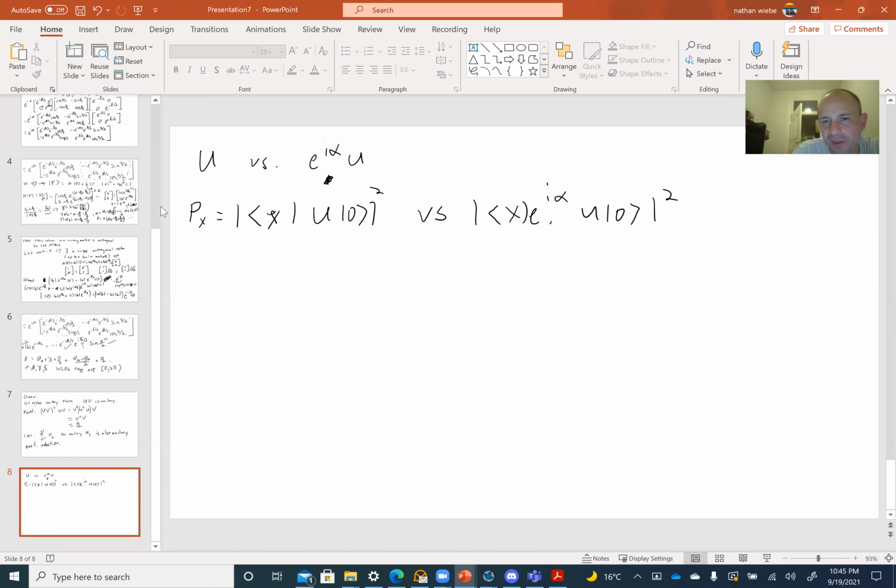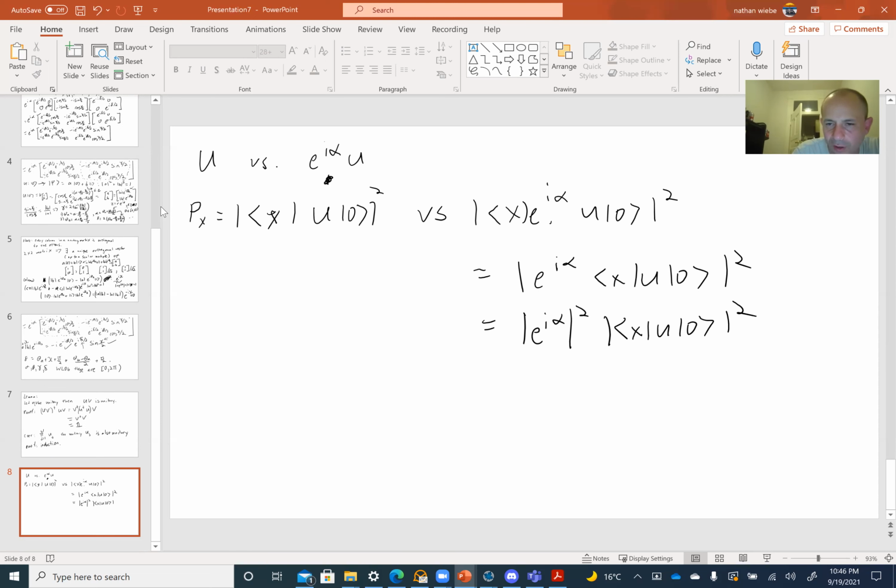Now, because e to the I alpha is just a number, we can move it either side of any of the linear algebraic operations in this probability calculation. So this over here can always be written as the absolute value squared of e to the I alpha x U0, which by the definition of the Euclidean norm is the absolute value squared of e to the I alpha, times the absolute value squared of x U0, which is just equal to p sub x.